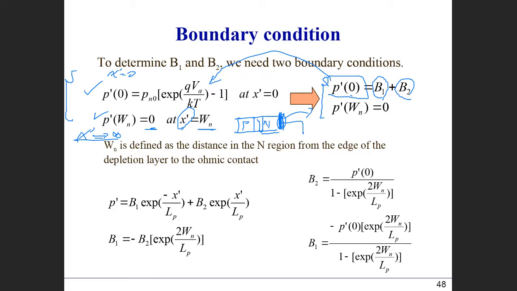The second boundary condition is when you apply the hole concentration at the location of the metal contact in the N side, which is going to be 0.